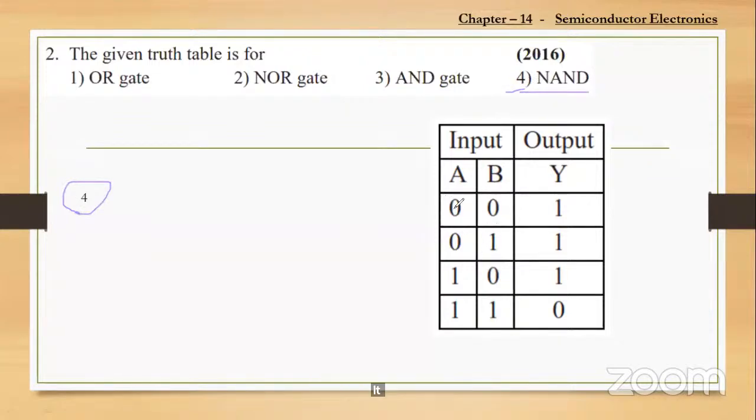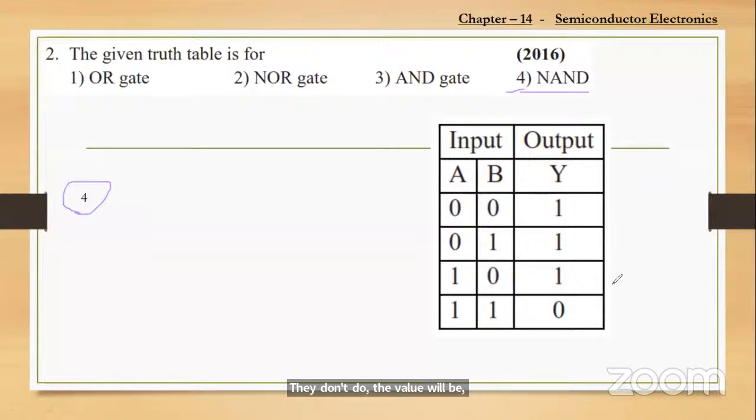When you consider an AND gate, 0 0 is 0, 0 1 is 0, 1 0 is 0. Only when both inputs are 1, the output is 1.